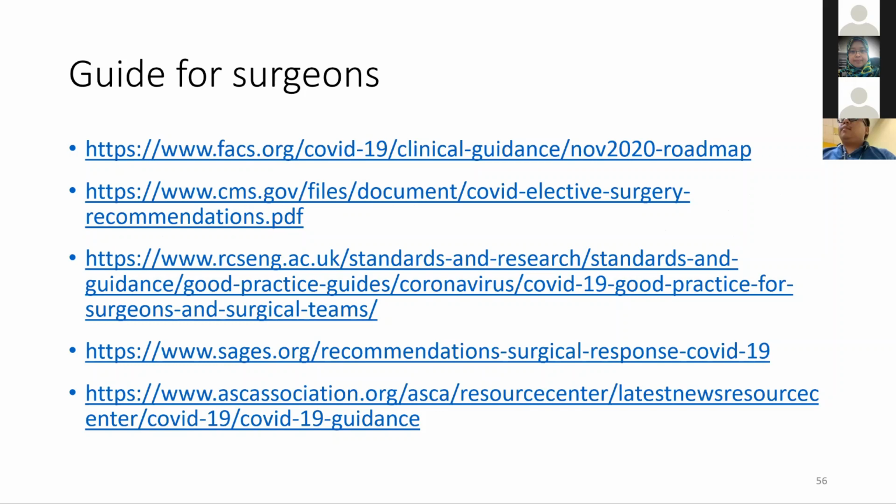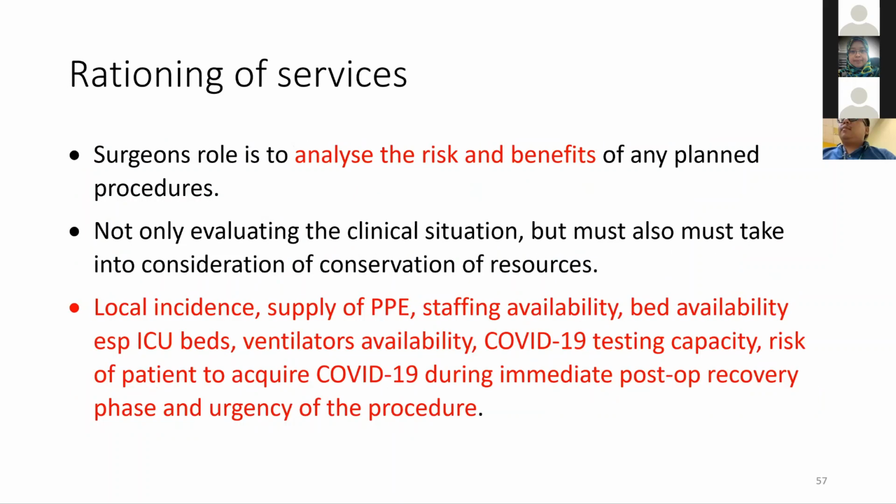I've listed here a few of the international guidelines as a guide for surgeons on how to approach the COVID-19 pandemic and run their services at the same time. You can look through them afterwards. What is common among these guidelines is that they mention rationing of services.